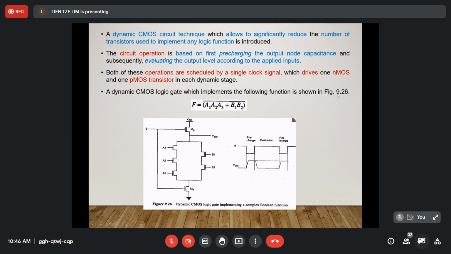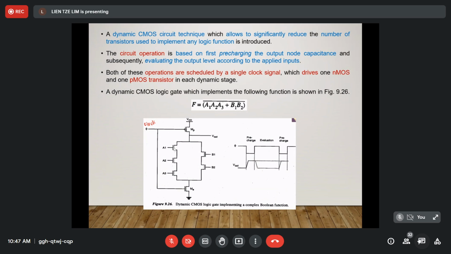Okay, a dynamic CMOS circuit is operated with a clock. If we refer to this figure 9.26, the clock is defined by this phi. This is a single clock. And when there is a clock, the operations of this circuit will be two: one is pre-charging, and the other is the discharging process.